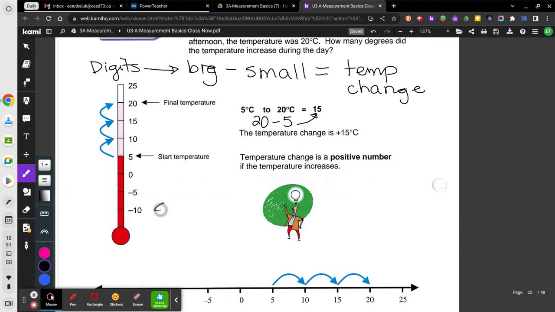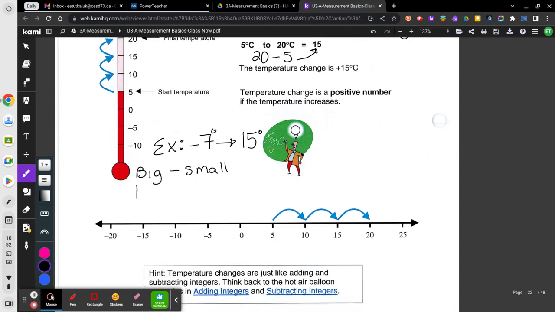But here's another example. What if it was -7 outside this morning and it goes to maybe 15 degrees today? What's that temperature change? We take big number, subtract small number, and that's all we do for all these questions.